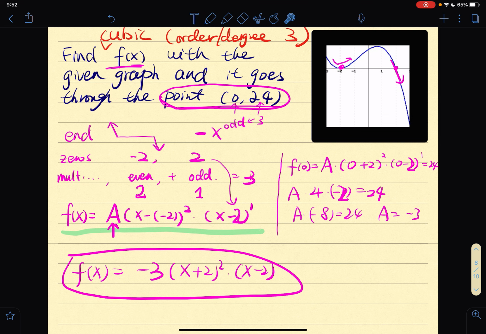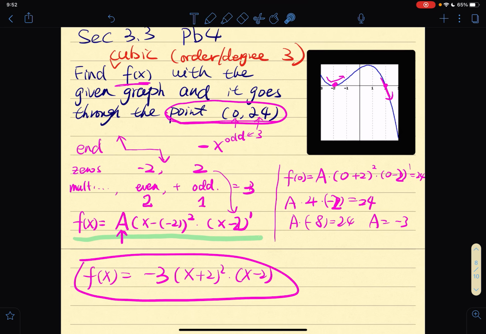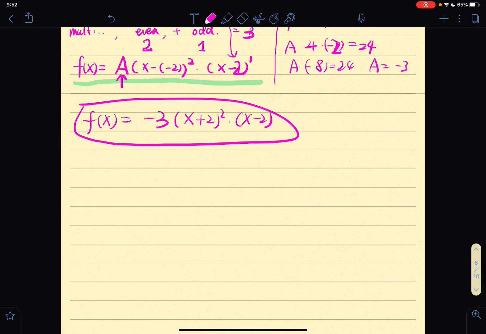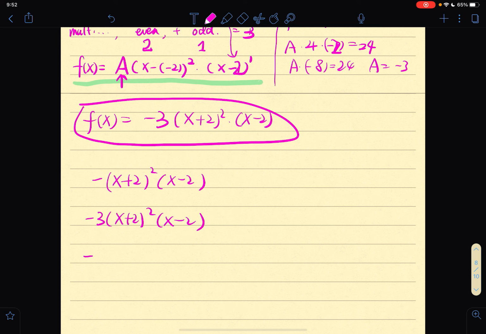So you want to be a little bit careful and keep thinking about what information is given to me and whether your function's final structure is unique or not. Just to give you a quick clarification, if my function had been negative (x plus 2) squared (x minus 2), or -3(x plus 2) squared (x minus 2), or -5(x plus 2) to the 4th (x minus 2) cubed.